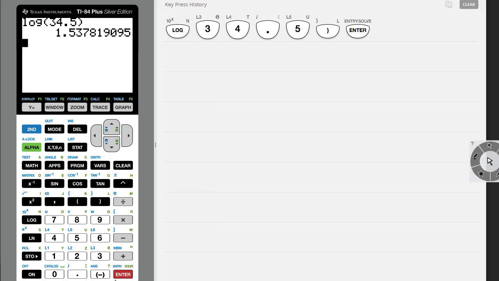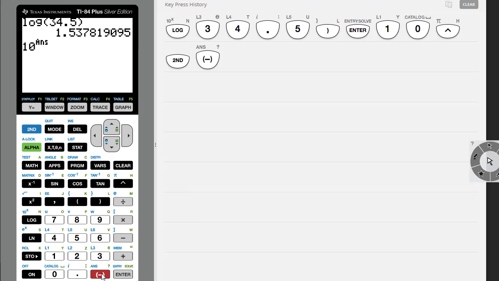Or if we wanted to check it, what do you think we would do with this to check it? Very good. Okay, take 10 and raise it to this thing. So I'm just going to do second answer, because if we round off, it's going to be off. But if I do 10 raised to this, I should get out 34.5. Second, and the negative key will pop in the previous answer.